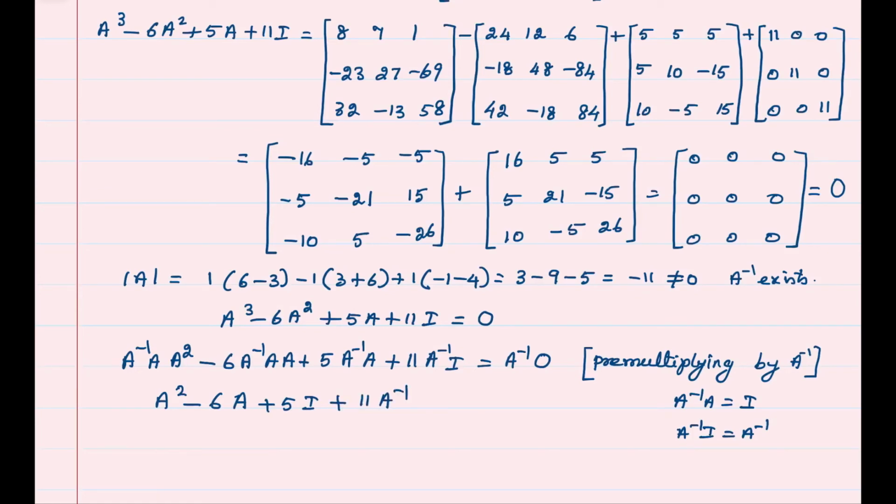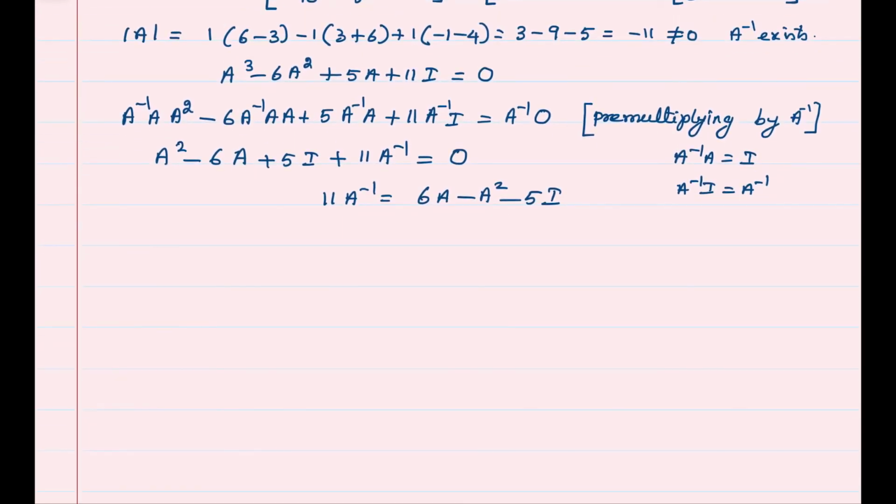11 times A inverse equals 0, from which 11 times A inverse is 6A minus A square minus 5I. 6 times A matrix is 6, 6, 6, 6, 12 minus 18, 12 minus 6 and 18.